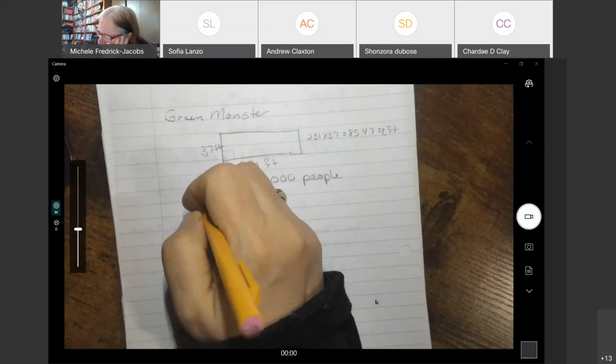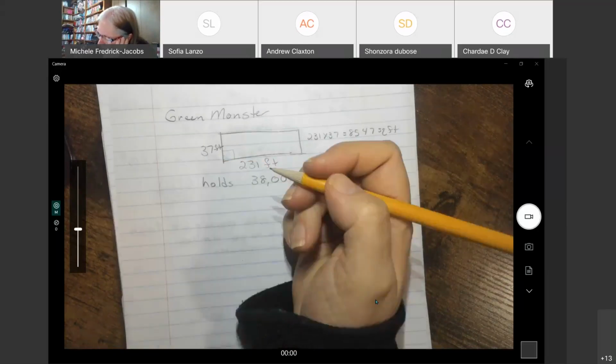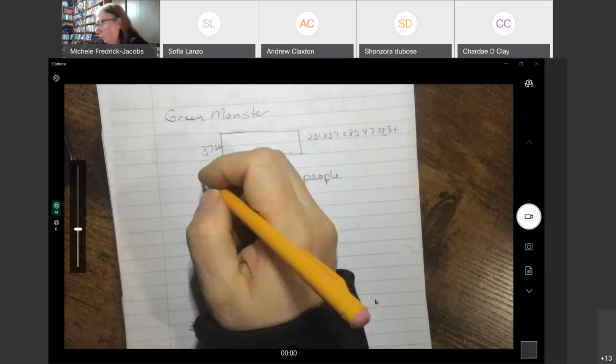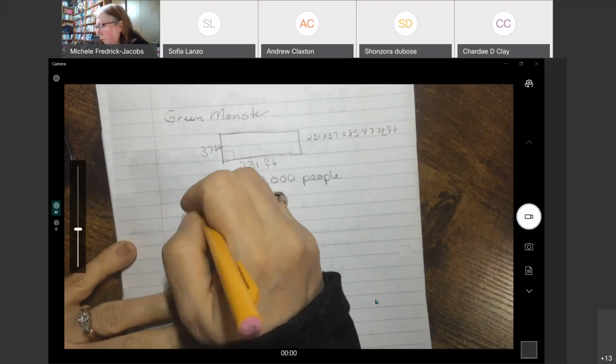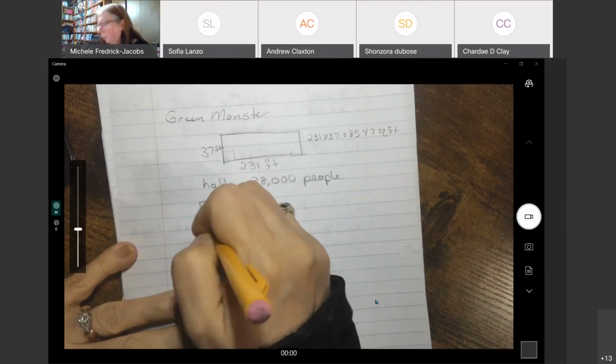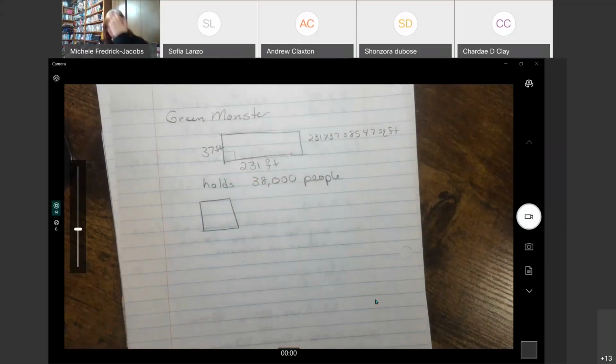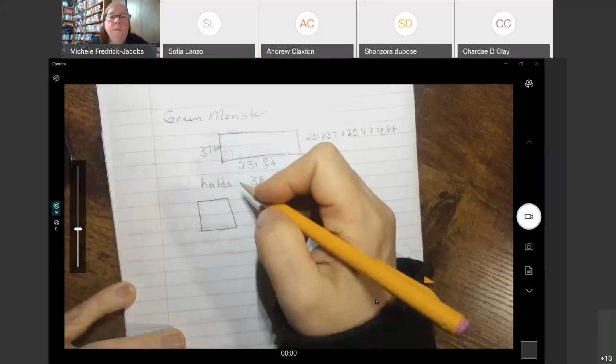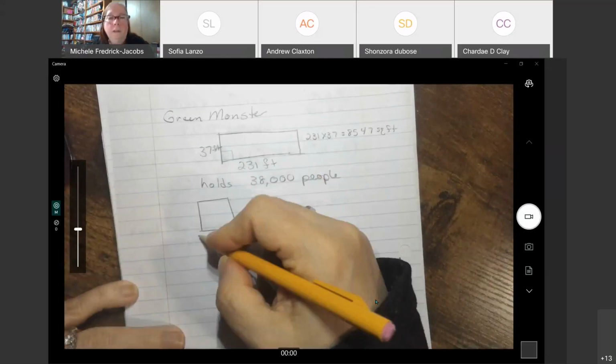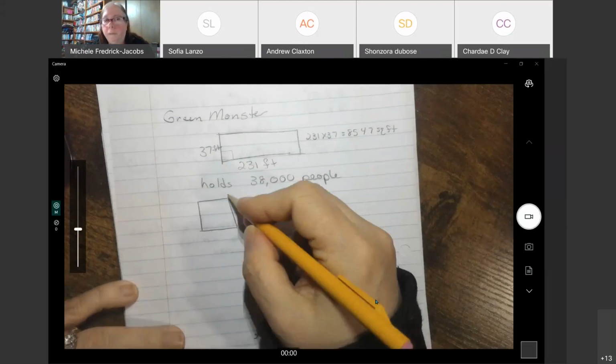I have a square griddle, and it's 12 by 12. So it's 1 foot by 1 foot.